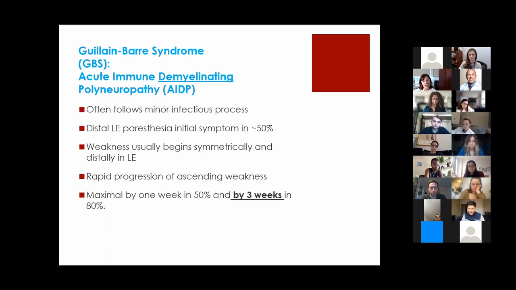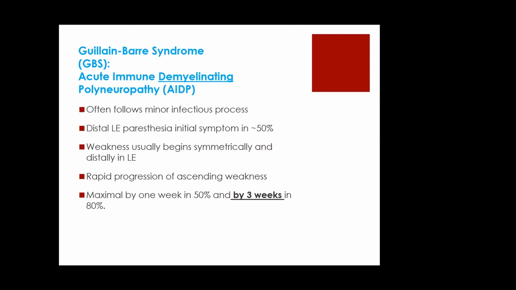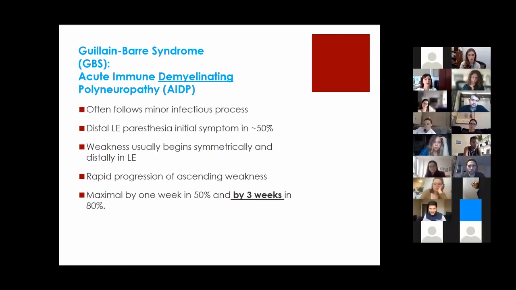In about half of patients, they may have reached the low point of their weakness in about a week. But for some patients, it might still be progressing, and this is par for the course for even several weeks. So for some patients, it can be confusing, because I've seen patients where they come in, they get diagnosed, maybe they get IVIG, then they finish their IVIG, they go to acute rehab, and then somebody thinks they're getting worse, they get transferred back, and then everyone's wondering, did we miss something?